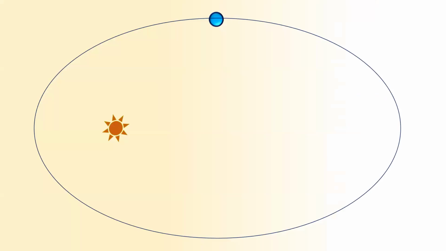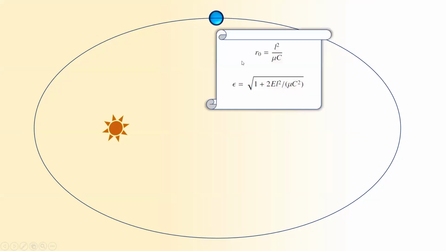So we see certain standard results in the ellipse. Now let us go back to the inverse square force problem, that is nothing but planetary motion. Let us go to the planetary satellite orbit. We already discussed the satellite orbit. So in the planetary motion problem, we know the r naught and eccentricity values.